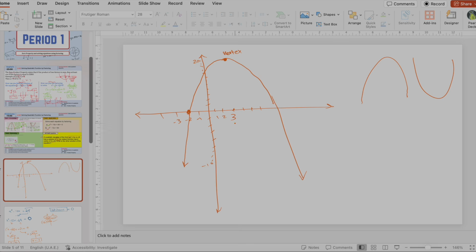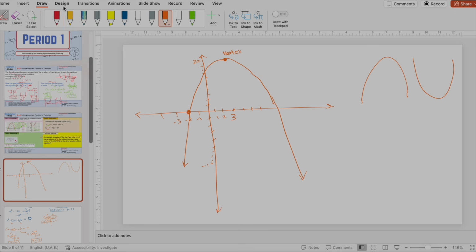Where is it crossing? To be fair, you can count how far this x-intercept is from my vertex and then count to the other side. It's basically 1, 2, 3, 4, 5 jumps away from the vertex, right? So from the x-intercept to the vertex, it was 5 away.